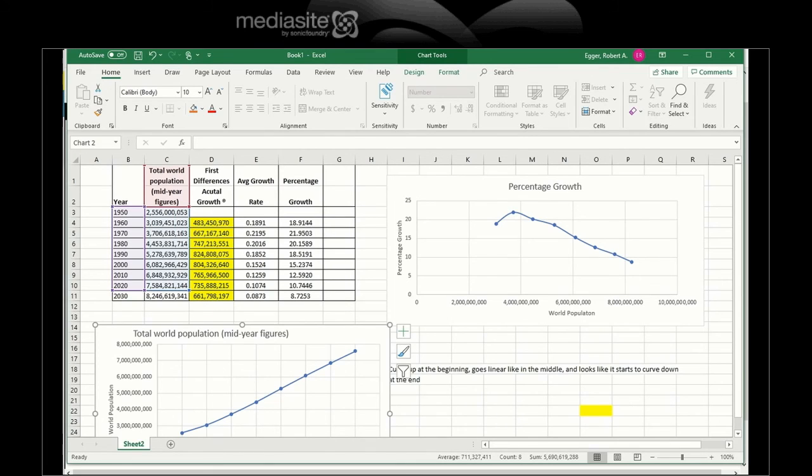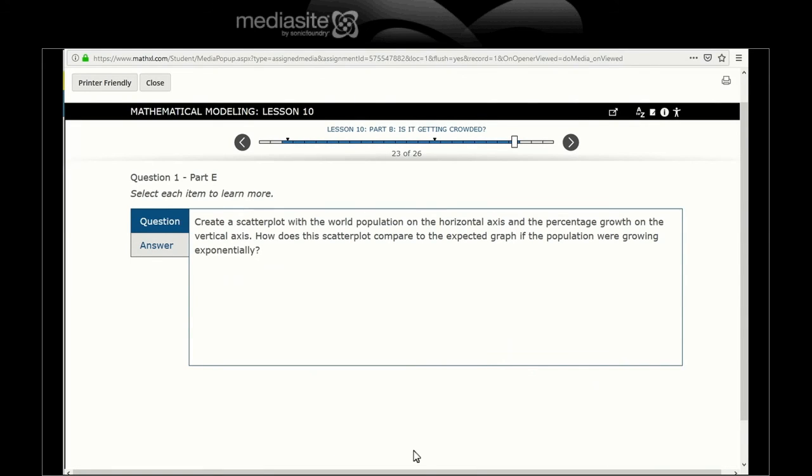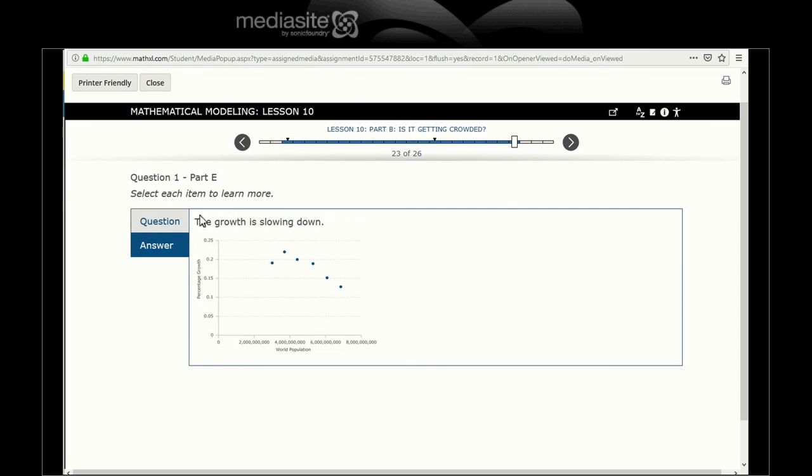So that the growth rate should be going up. Because here's T, here's population. So for any given constant time of year, I would expect this gap to keep increasing. So the scatter plot does not show me a population that is exponentially growing. The rate of growth is slowing down. We're still growing, just not as fast.